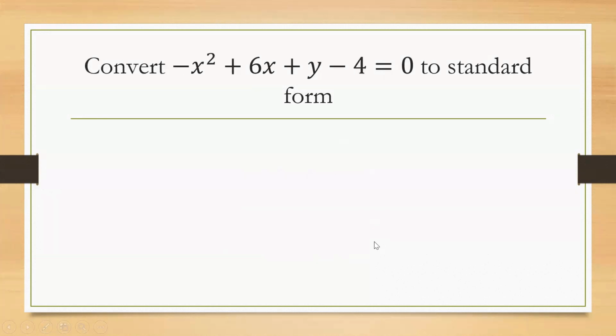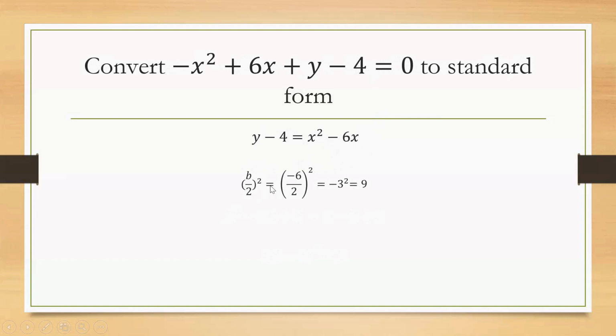Next, convert -x squared plus 6x plus y minus 4 equals 0. So for this equation, it's easier if we move the x's to the other side to make our leading coefficient positive rather than negative. So from there, we complete the square.